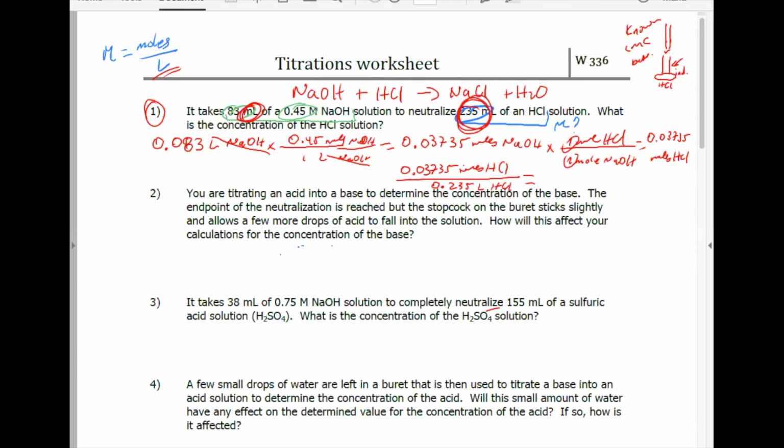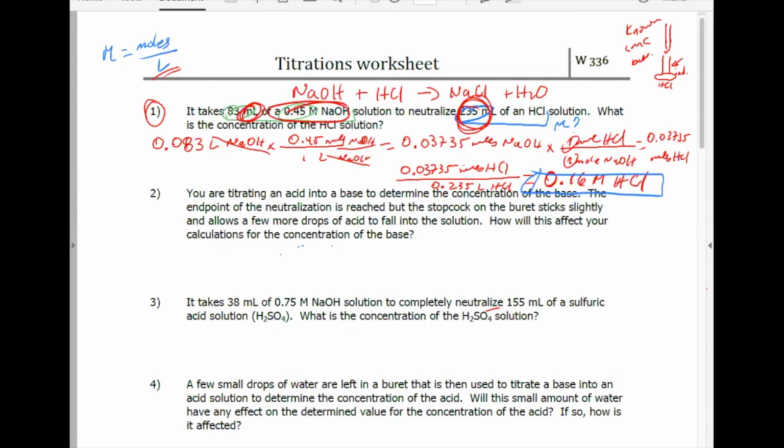Now, when I do this calculation, what I am going to get is 0.1589361, whatever. But something to keep in mind is that for our NaOH, we only have 2 significant figures, so I'm going to leave this concentration as 2 significant figures. And voila, this is pretty much all you need to do in titration problems.